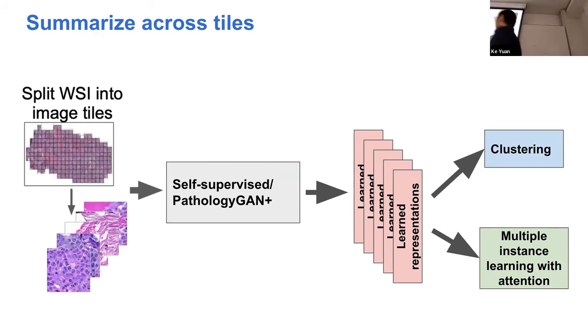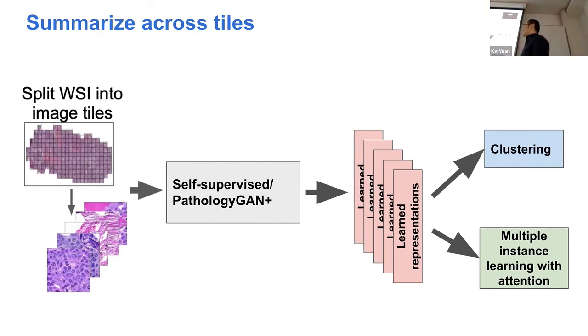So now I want to talk about two strategies once you get those representations. One strategy, recently very popular, is called multiple instance learning, where you assume that the whole slide image is a bag of examples, and they all share the same label.